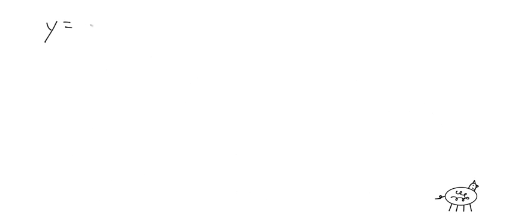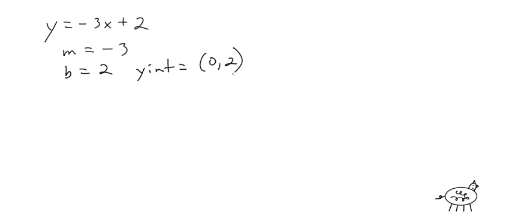y equals negative 3x plus 2. So your slope, m, is equal to negative 3. The value of b is 2, but if I ask you for the y-intercept, it's 0, 2. Now let's plot it.